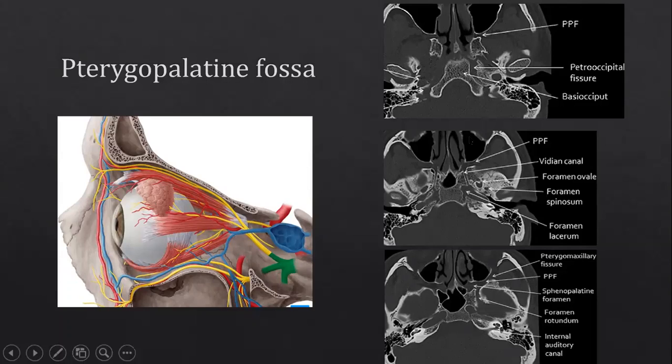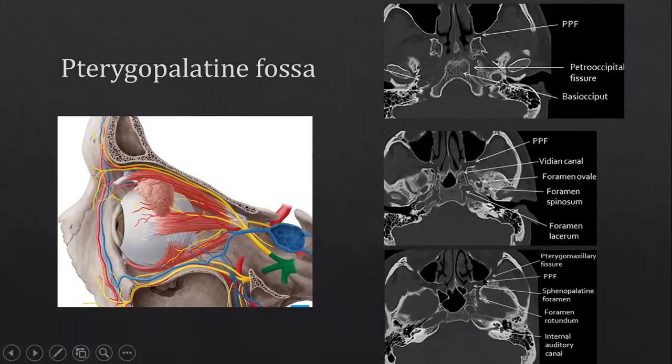So this pterygopalatine fossa communicates with various structures. It communicates posteriorly. We looked at it earlier on via the Vidian canal. It also communicates again with the foramen rotundum and the maxillary nerve. So these are the posterior communications of the pterygopalatine fossa. Laterally, it leads into the infratemporal fossa, which is the structure over here.